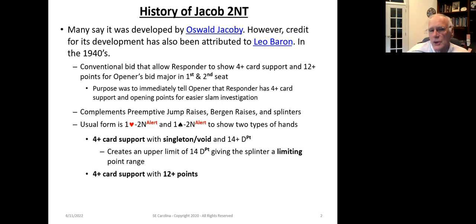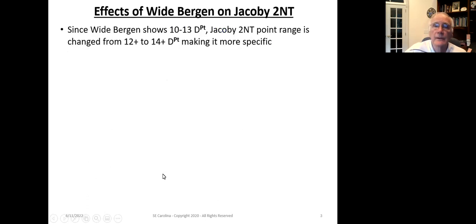That's a judgment call. But this was used to say, I've got one of these two types of hands. Like I said, one is a complement associated with the splinter bid, and the other one actually set the foundation for the Bergen bids.